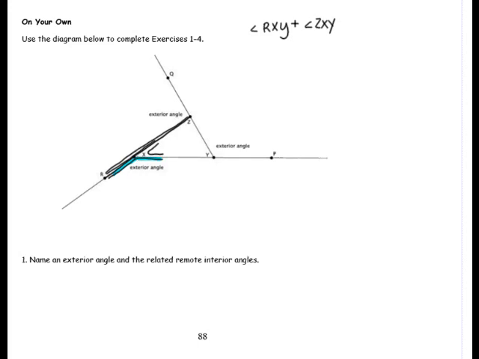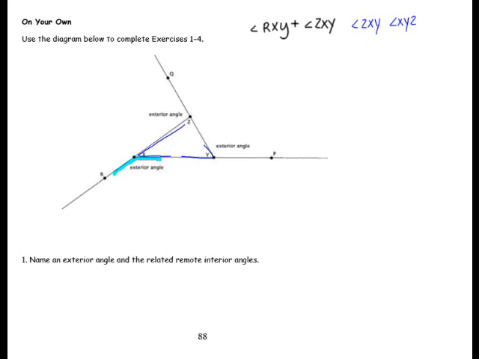What do we know about the sum of the interior angles of a triangle? So let's take a look at the interior angles of this triangle. First, we have angle ZXY. And then another one would be angle XYZ.